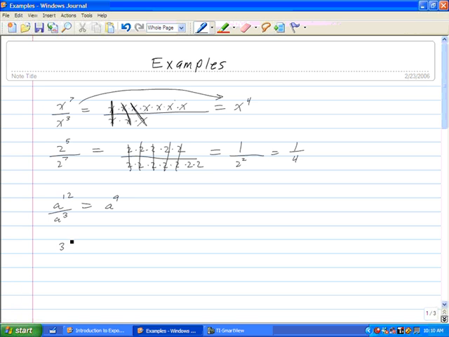A 3 to the 8th over 3 to the 11th. 11 minus 8 is 3, but there were more on the bottom to begin with, so the power of 3 goes on the bottom. And of course 3 to the 3rd power, 3 times 3 is 9, times 3 is 27, this is a 1/27. So you have to bear in mind where you had the largest power to begin with, and that's where it will be left behind.